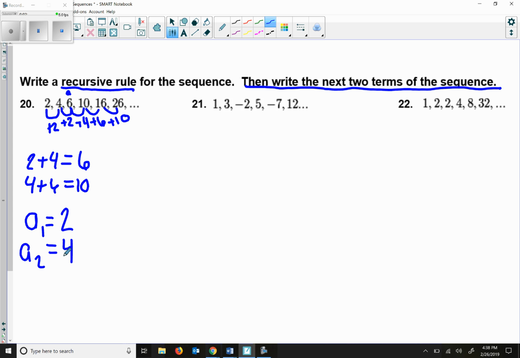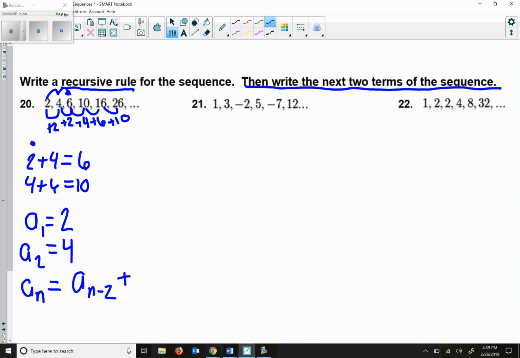This rule requires us to say a sub n minus 2. If we were trying to find the third term, that's 6, we would go back 2 numbers. So that's where the 2 comes into play.